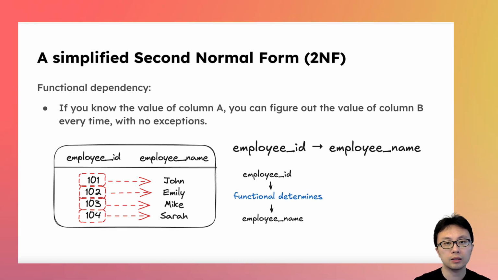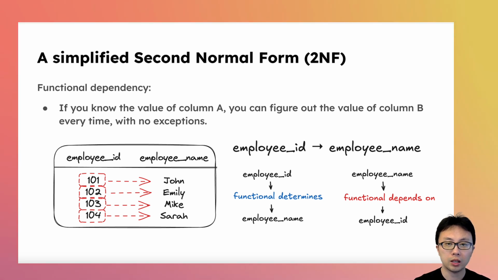We can say that employee ID functionally determines the employee name in this table, and express this dependency relationship using an arrow that goes from employee ID to employee name. You may also see the same relationship expressed as employee name functionally depends on employee ID.